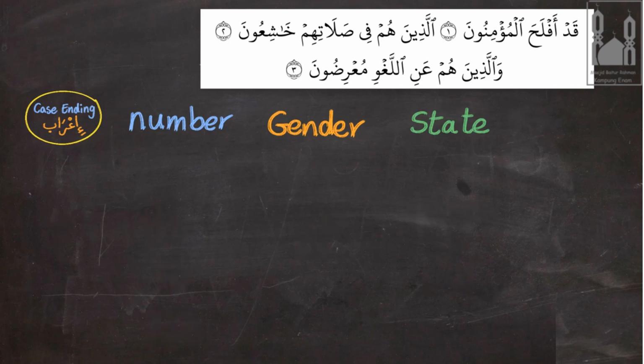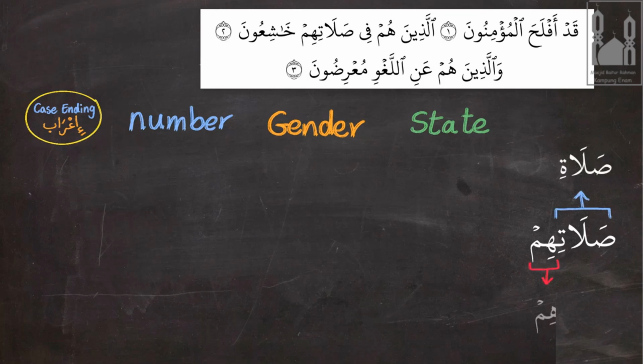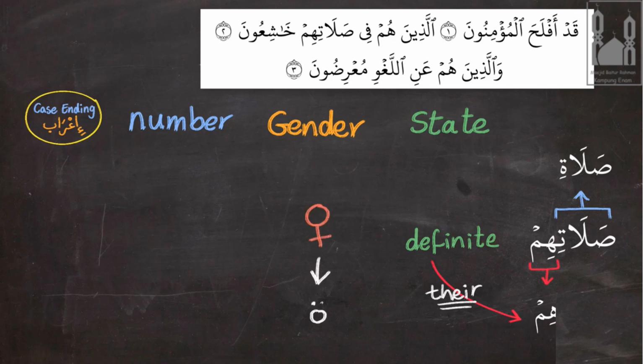Now moving on to the word salatihim. The first thing you should pay attention to is that the word salatihim is made up of salah and the suffix him, which means their. So salatihim means their prayer. So the word salatihim is a definite noun because it is added to a suffix, which is hum, which means their. So it is defined and specified. And therefore we can say that this word is now a definite noun. It is also a feminine noun because the word salah ends with ta marbuta.